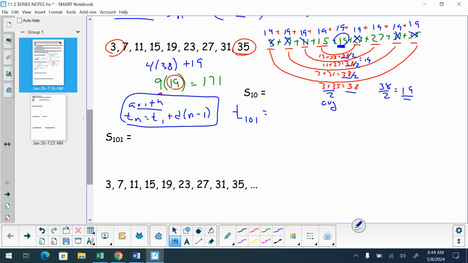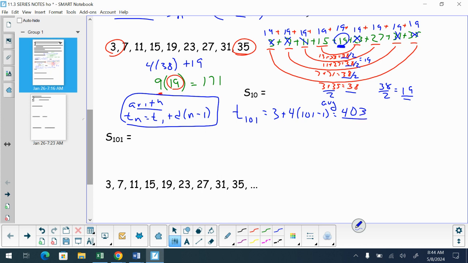It's always nice when I give you 101 or 501 or 701, because I have to subtract 1 from that, which gives me a nice little 100, 200, 300, 400. So term 101 is what, Ian? 403. Taking 3 plus our common difference times 101 minus 1. So we have 403. This is my last term.